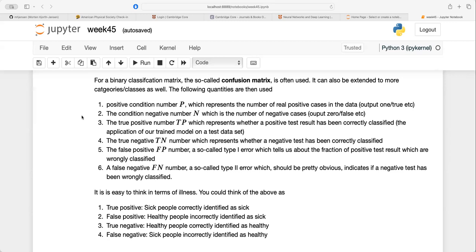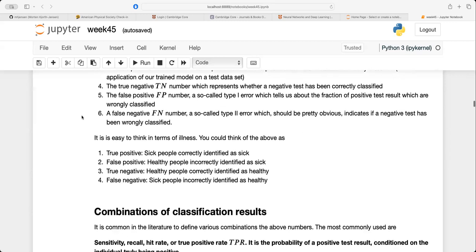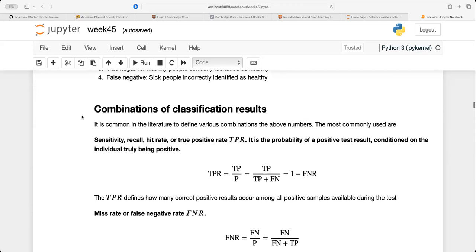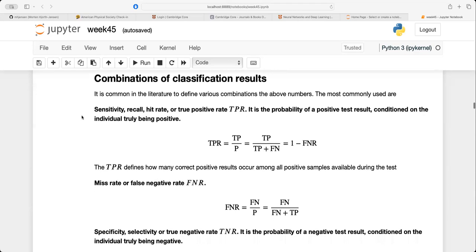Now, there are other quantities which you will encounter because they are used to present data. One quantity which is often used, and I have to admit myself that I always have to reboot my brain here because I don't often find this intuitive.